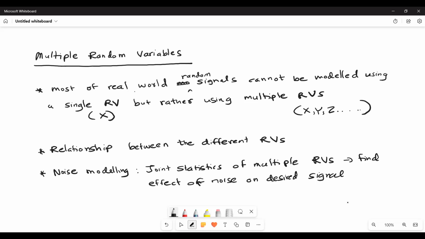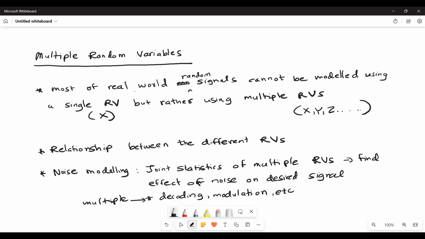joint CDF functions, and we can use those probability density functions and cumulative density functions to help in the decoding processes, modulation processes, etc. So we can do these processes using the multiple random variable knowledge.